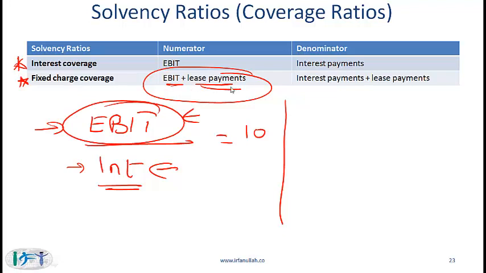By adding back lease payments, we are looking at how much money we are making before the lease payments. Just like over here, we are looking at how much money we are making before making interest payments. So here we have the amount of money we make before lease payments divided by the total payments. Just like interest payments are an obligation, similarly, lease payments are also an obligation. So it makes sense to look at the sum of the two numbers.